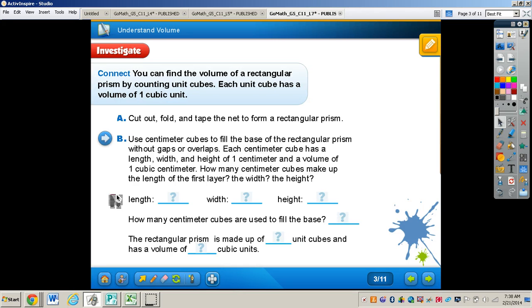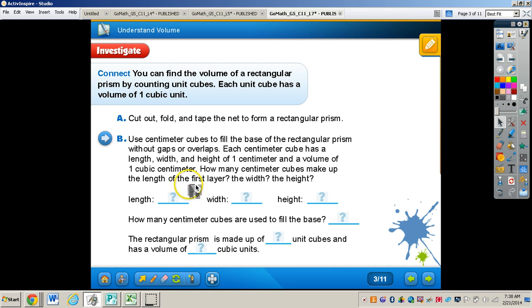Okay, now the next thing you will need to do is use centimeter cubes to fill in the base of the rectangular prism without gaps or overlaps. So it's important to understand that each centimeter cube has a length, width, and height of 1 centimeter and a volume of 1 cubic centimeter. Okay, so we need to figure out how many centimeter cubes make up the length of the first layer, the width, and the height.